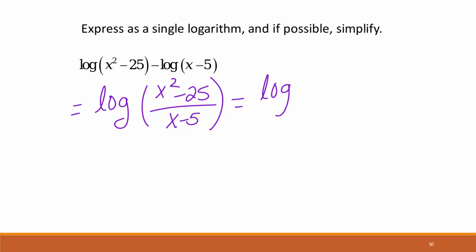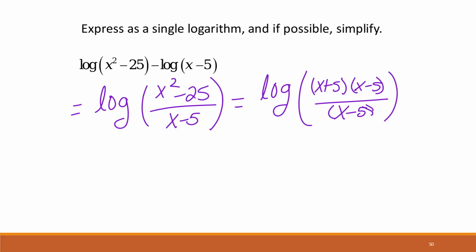So we get log of x plus 5 times x minus 5 all over x minus 5. And so those x minus 5s cancel, and we get log of x plus 5.